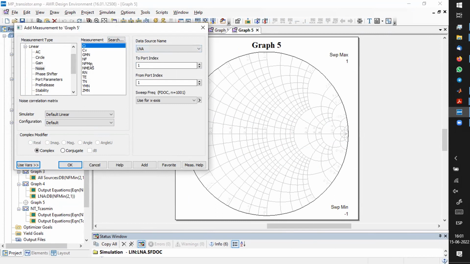Should be DS opt. Probably this is the one. I don't know, 2-1 or 1. But we are matching for noise at the... Yeah, I would guess it's 1-1. Yeah.